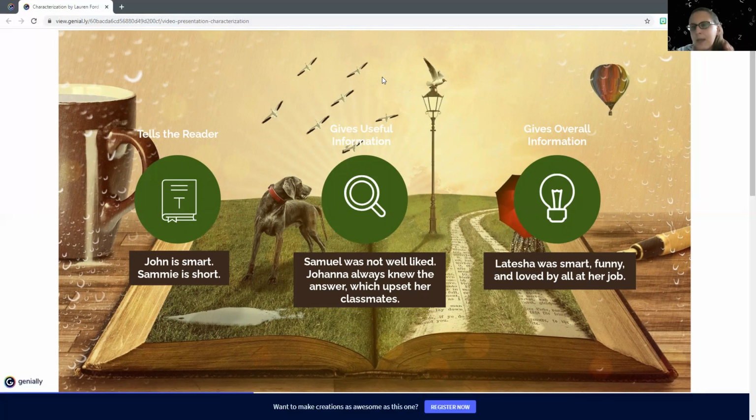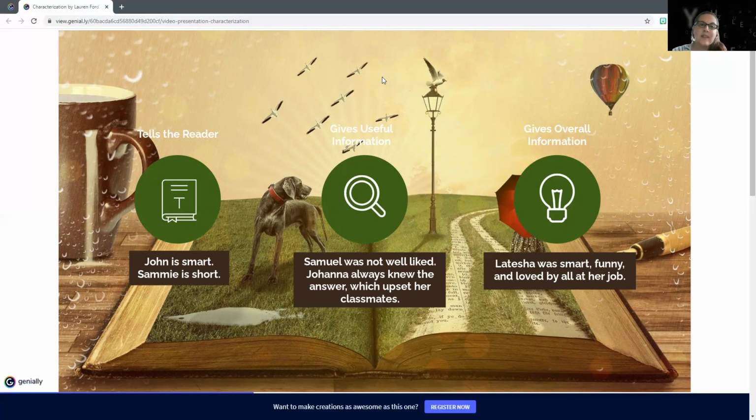That's kind of giving us a peek into other people's thoughts, which can help us look at the idea of indirect characterization, which we'll get into next. But direct characterization is specific information from the author to tell us as the reader what we need to know about the character. So it's specific, straightforward information.